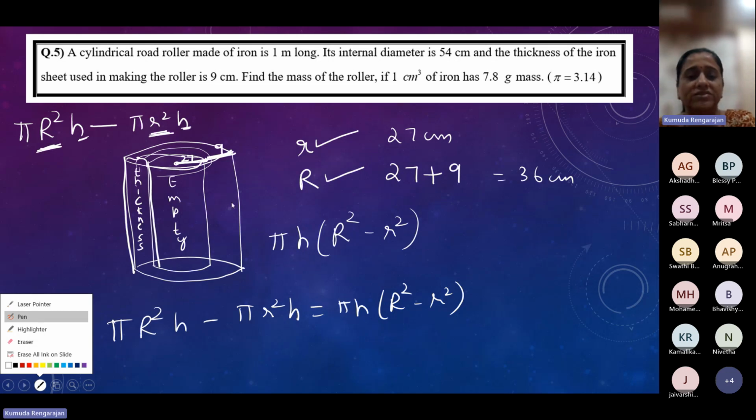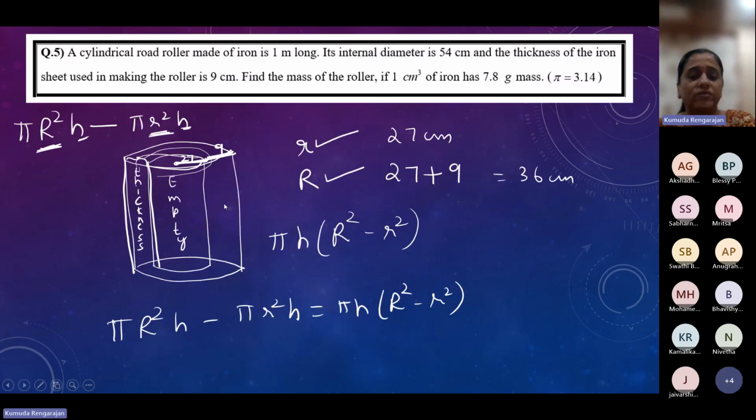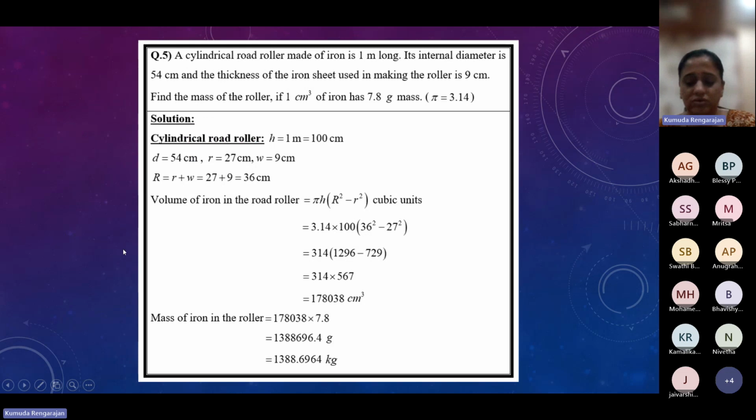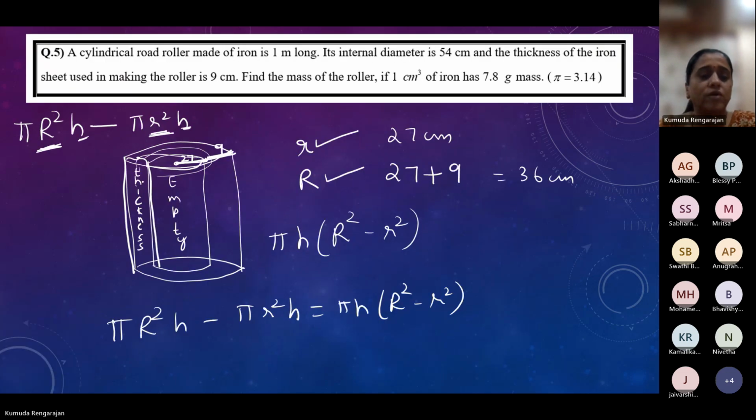So you must find how many centimeter cube of iron is in this roller. 1 centimeter cubed, 7.8 grams. So find the volume into 7.8 will give you the mass of this roller.